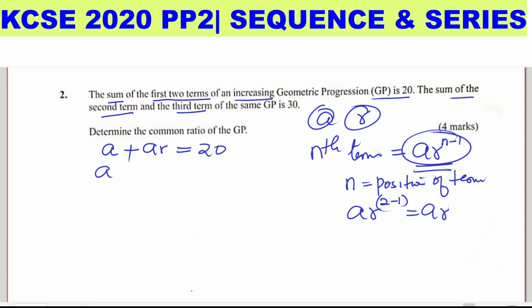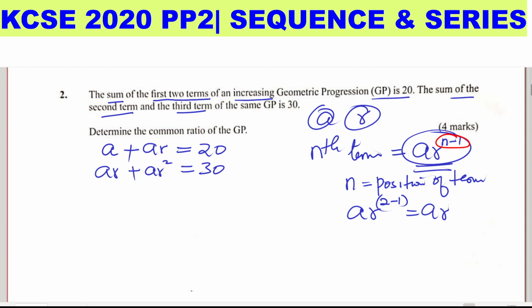So the second term is AR. For the third term, substitute n with 3, and this gives AR squared. So the sum of the second term, AR, and the third term, AR squared, is equal to 30.